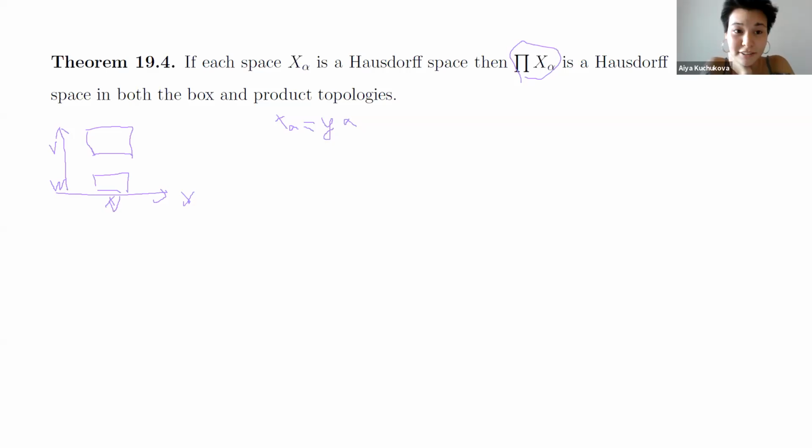I just remember what we discussed on the 17th, where we discussed that the product of two Hausdorff spaces is a Hausdorff space, and I think maybe the proof is similar, but I don't know how to write it like in this chapter.